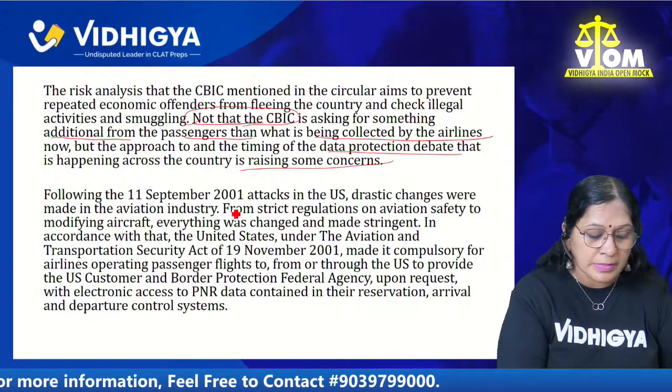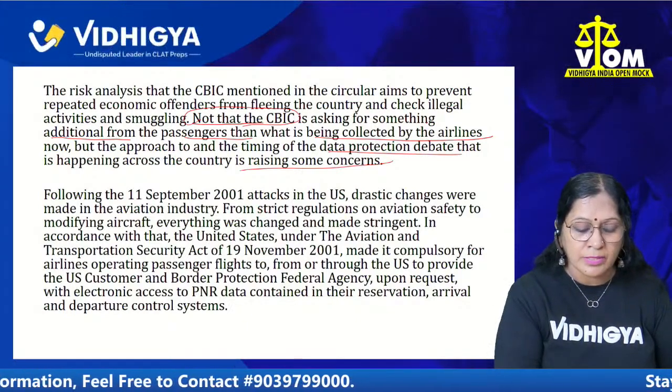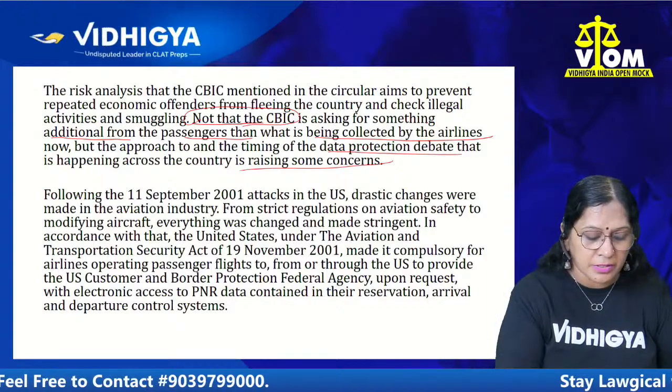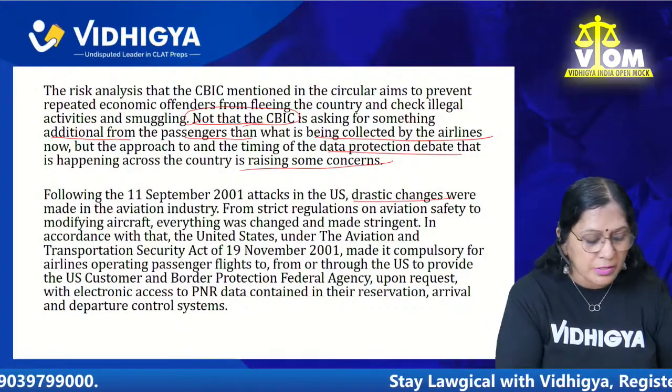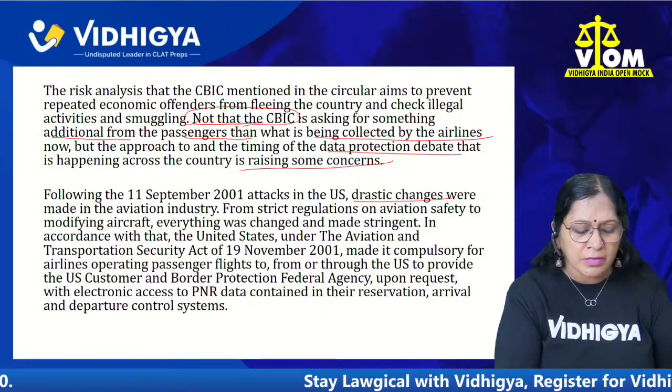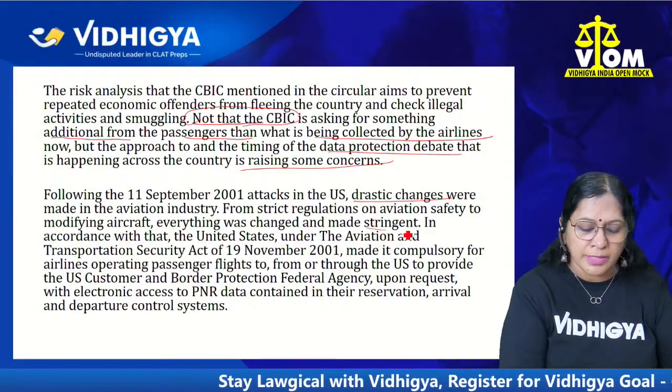Now, following the 11 September 2001 attacks in the US, drastic changes were made in the aviation industry. Can we underline drastic changes? From strict regulations on aviation safety to modifying the aircraft, everything was changed and made stringent. Stringent is very strict.